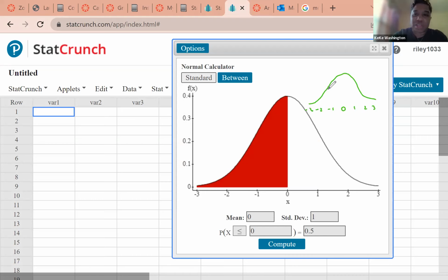A standard normal distribution has a mean of 0 and a standard deviation of 1 once you convert those values to z-scores. So therefore, we enter that information in here. Let's walk through that process.